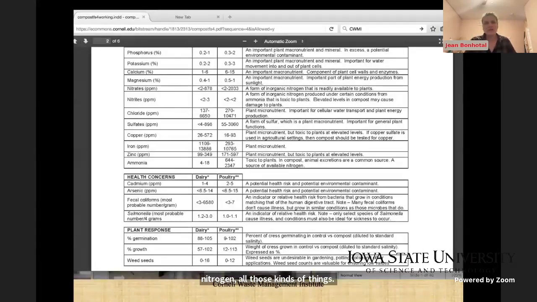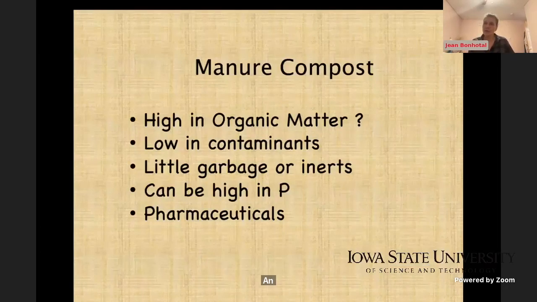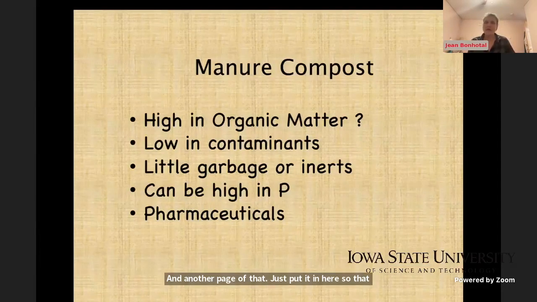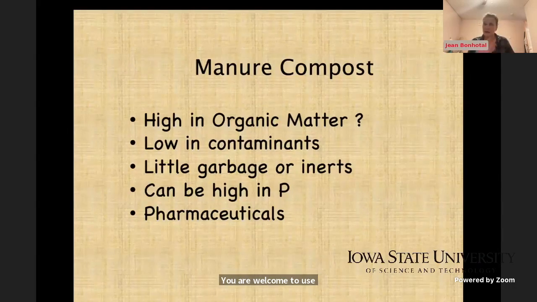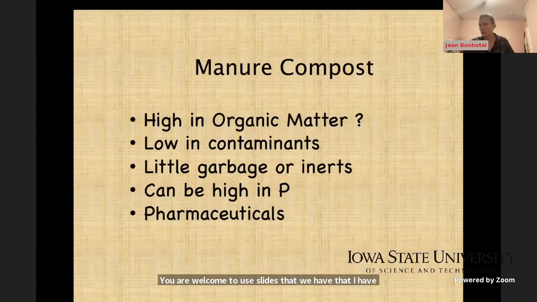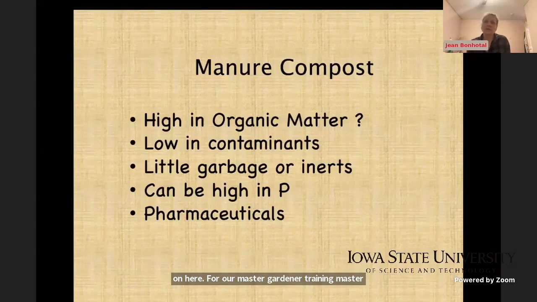And another page of that. Just put it in here so that you would have it in the long run. You are welcome to use slides that I have on here for master gardener training, master composter training information when you're out in the field.